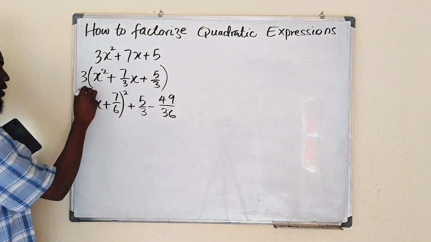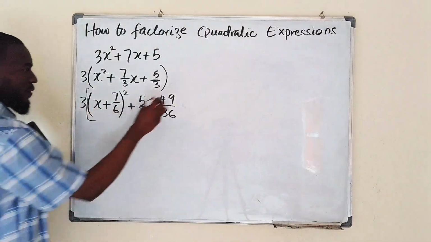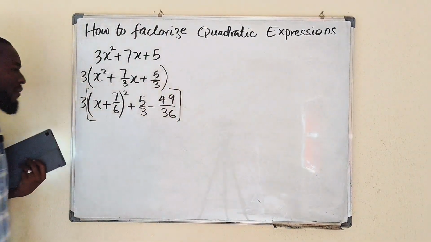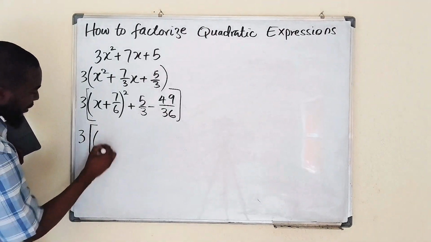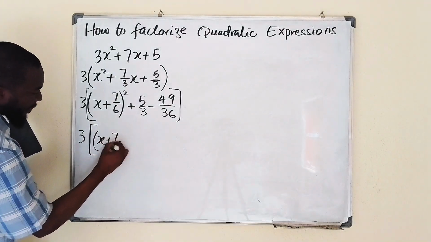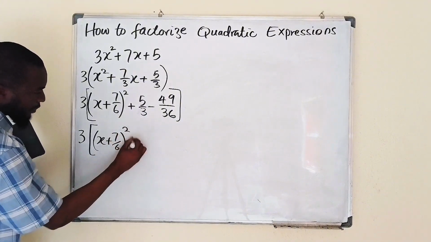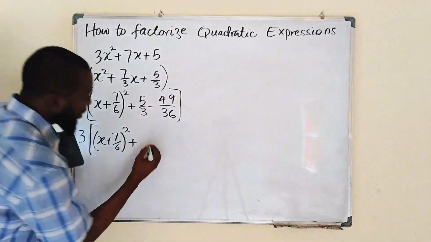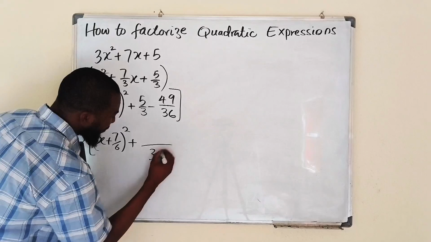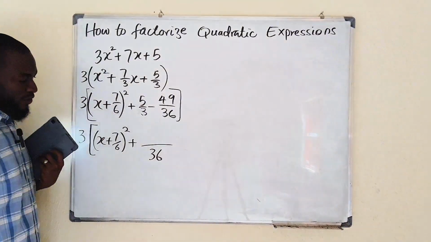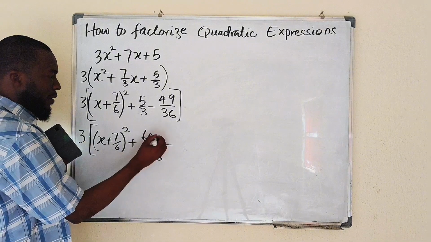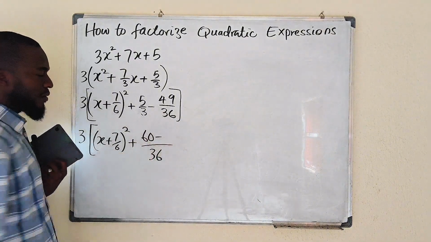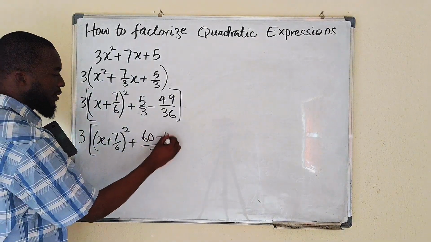Okay, so I have to include this bracket here. All right. So we have 3 multiplied by x plus 7 divided by 6 whole squared plus, what will be the sum of this? I know the LCM will be 36. 3 into 36 is 12. 12 times 5 is 60. Minus this into this is 1 times 49.